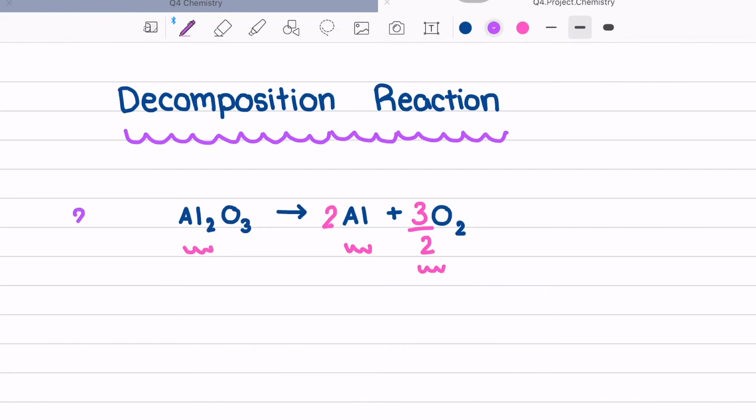So I times 2 to the whole equation. Now over here will be 2, 2 times 2 as before, and 2 times 3 over 2 will become 3. So now you can see that Al on the reactant has 4 and O has 6. You can compare to the product side, and now you see that they're equal.